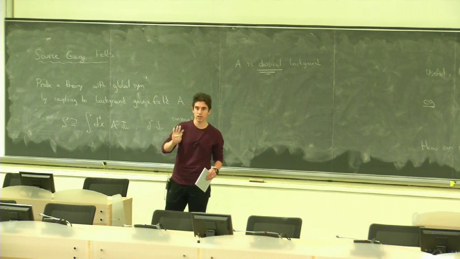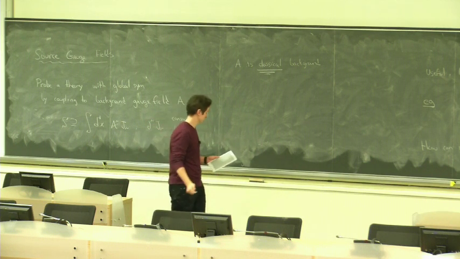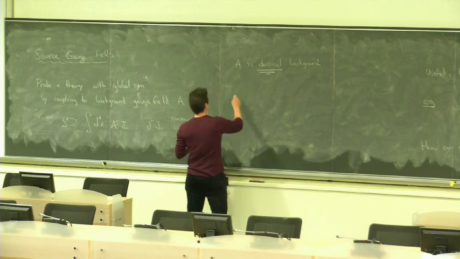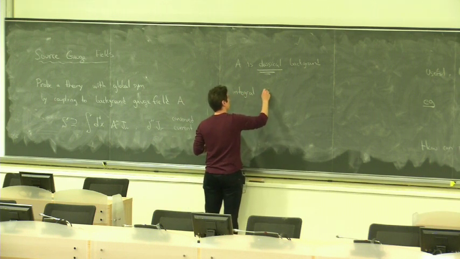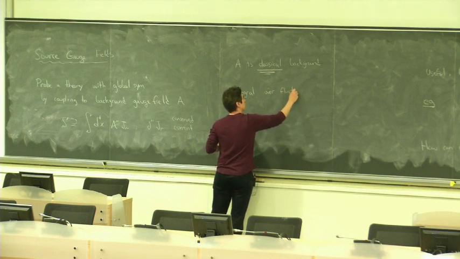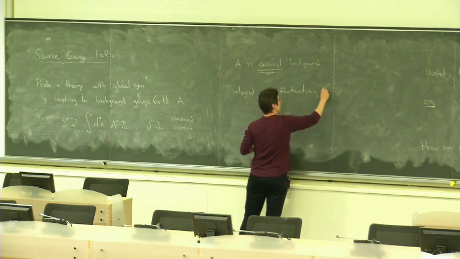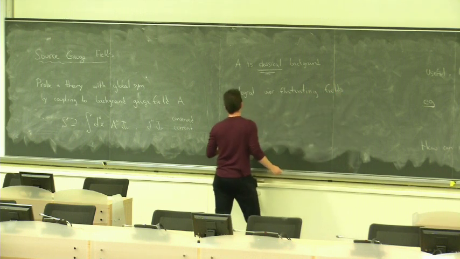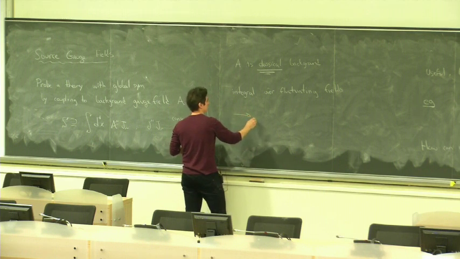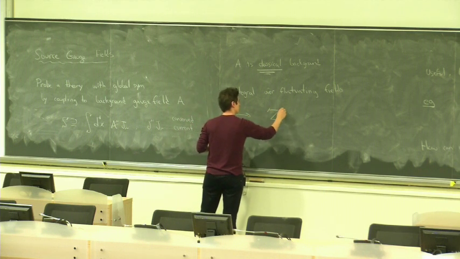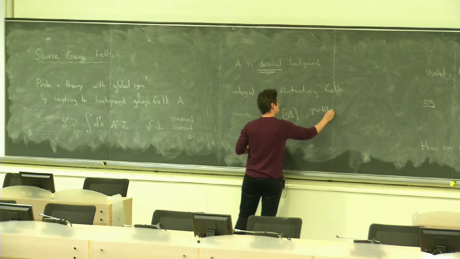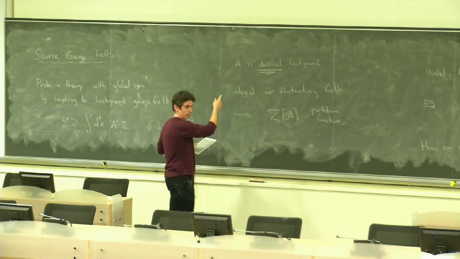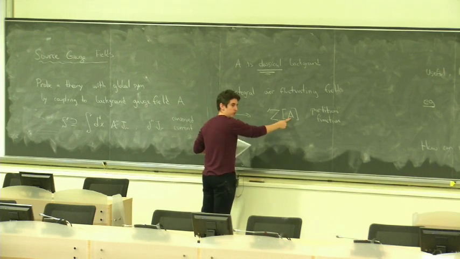We do a path integral only over the quantum dynamical fluctuating fields, not over A. So the integral over fluctuating fields, not A, this leads us to a partition function Z of A. Since we did not integrate over A, since A is classical, A is an argument of the partition function.